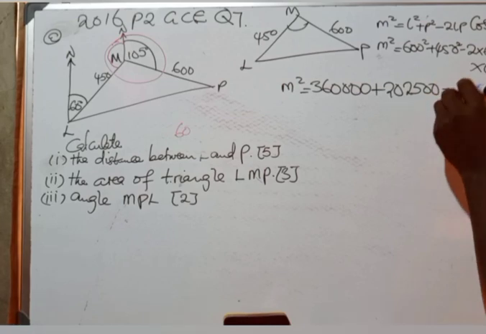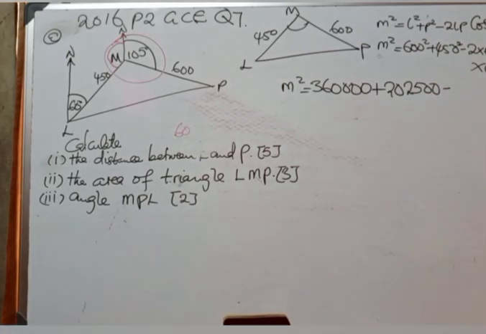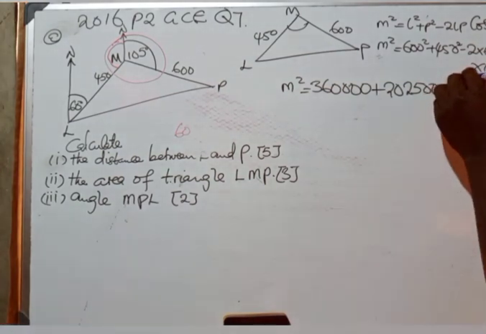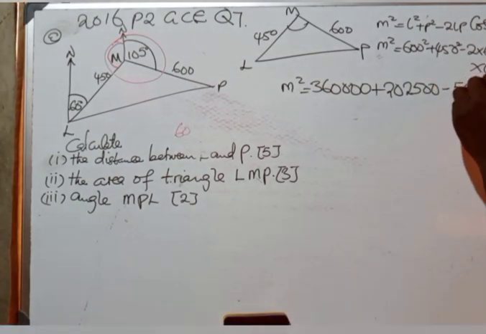Then minus, we are going to have 2 multiplied by 600 multiplied by 450, which is 540,000.